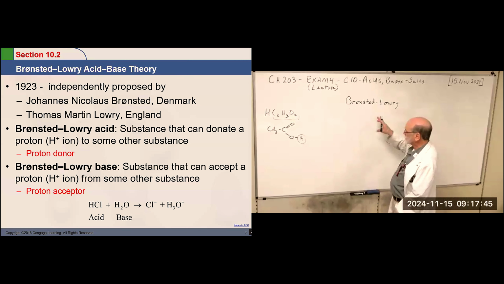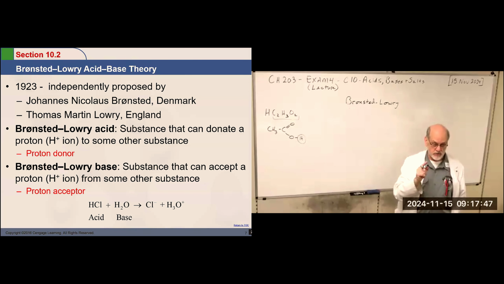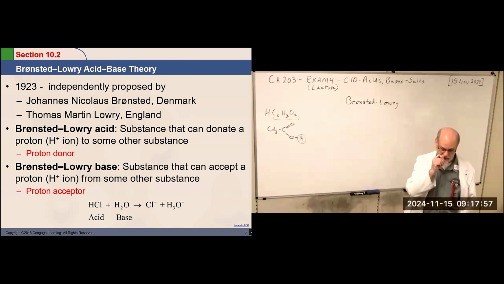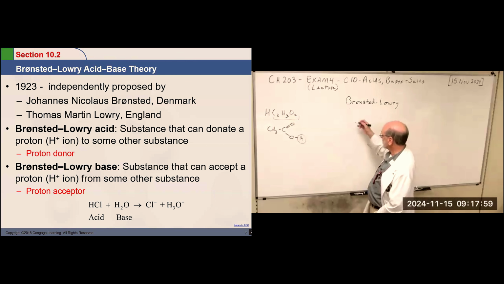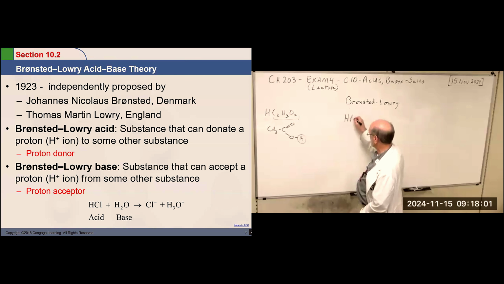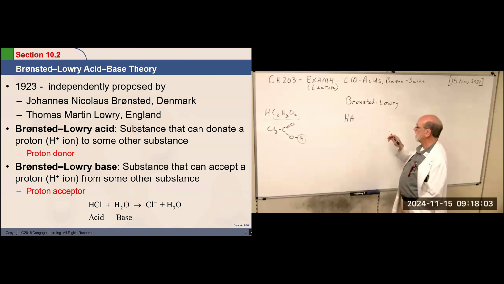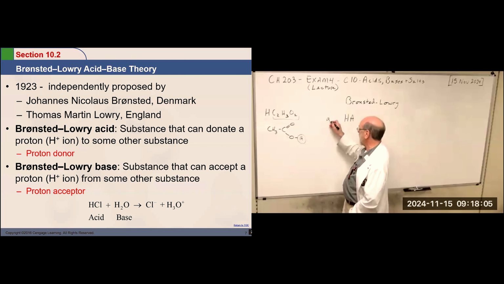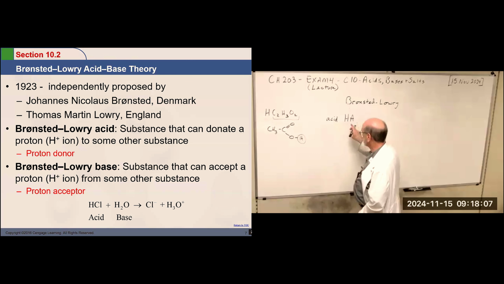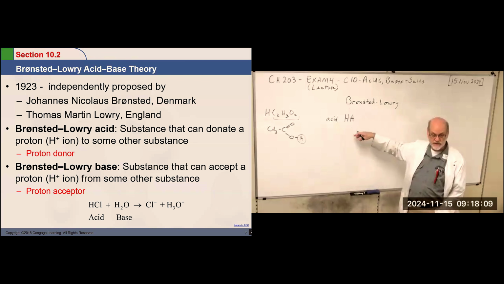So the Bronsted-Lowry concept is based upon just what happens with the proton. Now, the proton doesn't have to be part of the acid to be part of the reaction that gives you an acid and base. Now, if it's like this, and we're calling that an acid, that means this must donate the proton to something else.